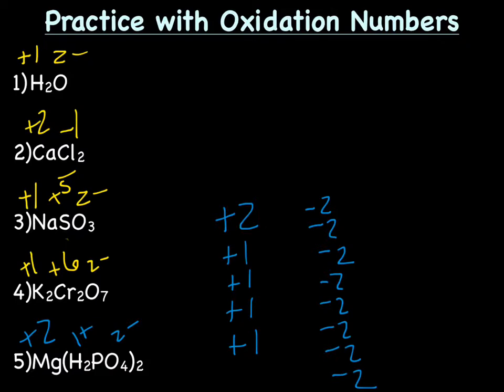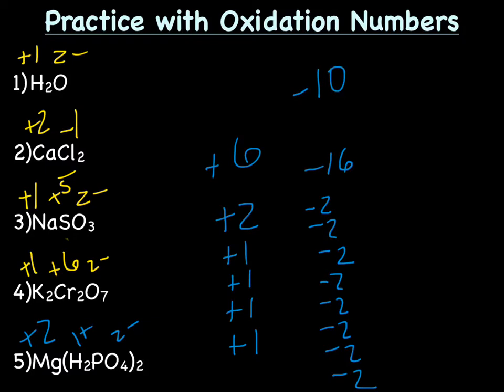All right, so what's our total negative? We have 2, 4, 6, 8, 10, 12, 14, 16. We have a negative 16. And our positives, we have 2, 3, 4, 5, 6. So what does our phosphate need to be? Well, to get the oxidation numbers to be neutral or add up to 0, we need to have a minus 10.